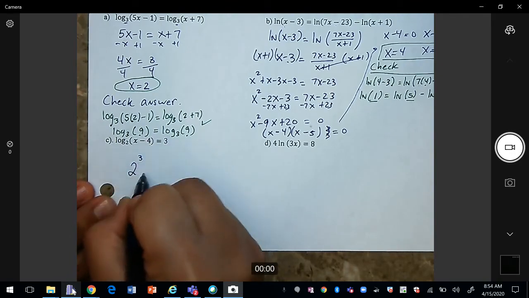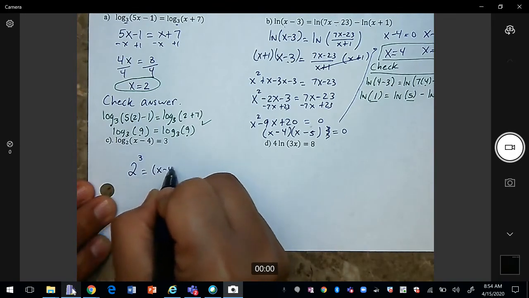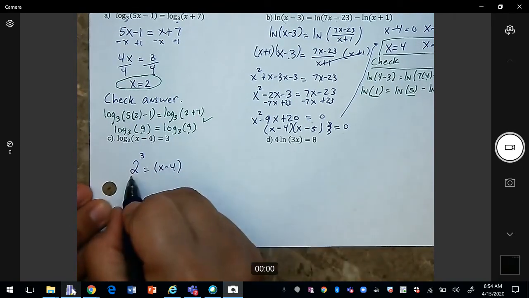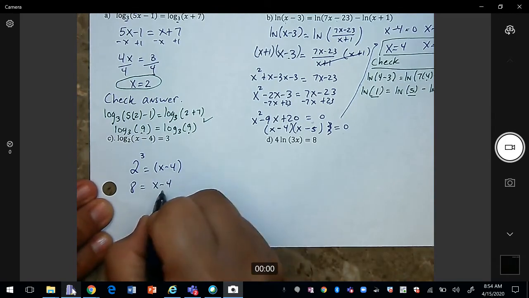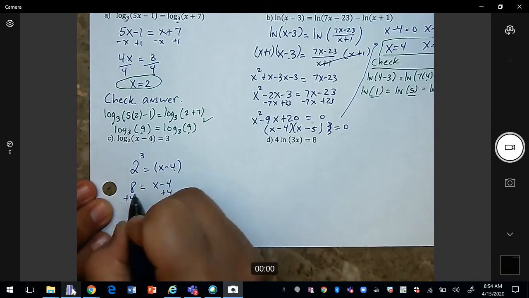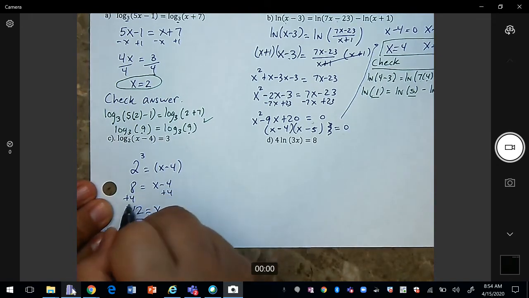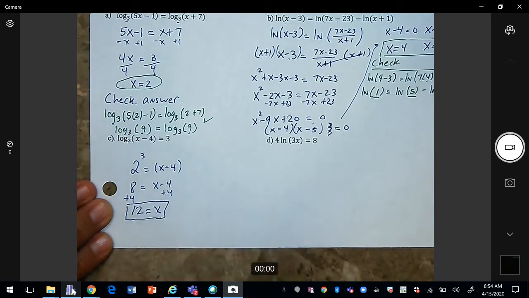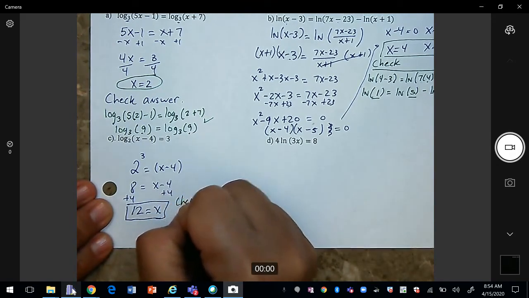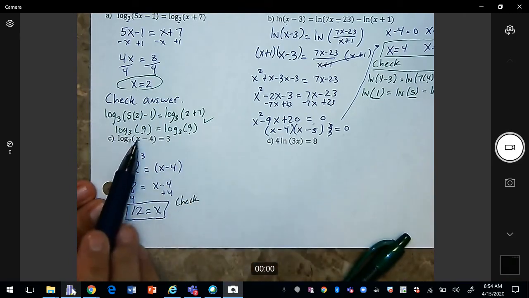That makes 3 the exponent of x minus 4. 2 cubed is 2 times 2 times 2, which is 8. Add the 4 on both sides, so we get 12. Don't forget, we need to check your answer. 12 minus 4 is going to be positive, so that's okay.